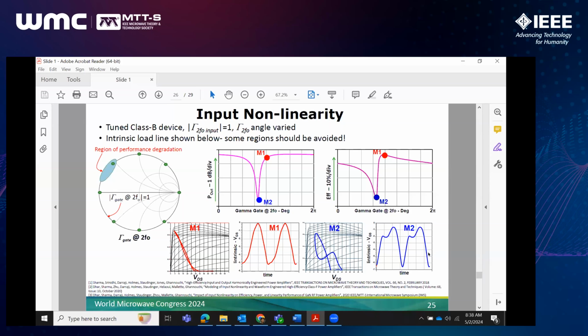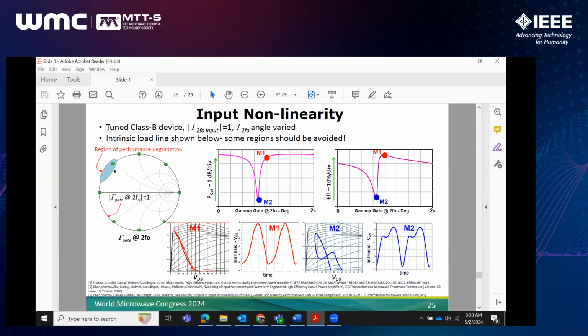In the graphs, I show performance, output power and efficiency, as a function of the angle of the second harmonic. And we see there's a region around 145 degrees or so where performance suffers significantly. We see a huge dip in both the output power and the efficiency.